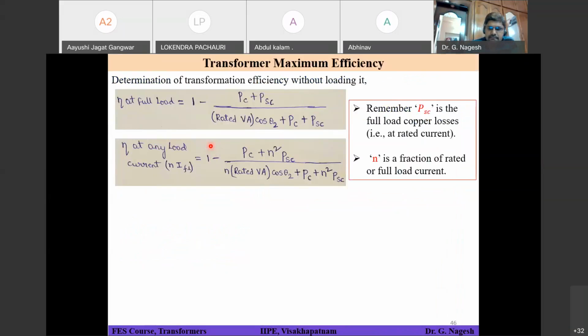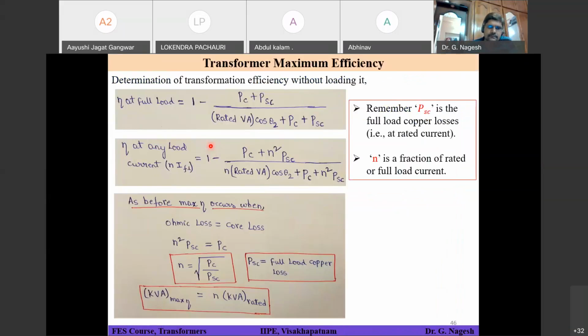We have already seen that. kVA corresponding to maximum efficiency is equal to N into rated kVA of the transformer. That N is given as root of core losses divided by full load copper losses. So find the value of N first. Once you know N, you can find the value of kVA at which maximum efficiency occurs. Try to calculate the value of N.